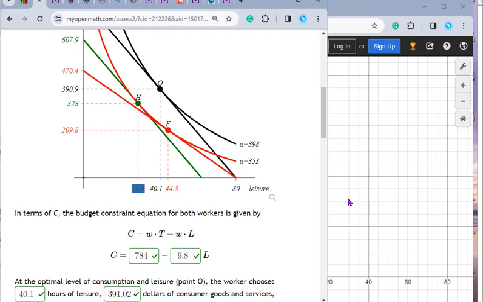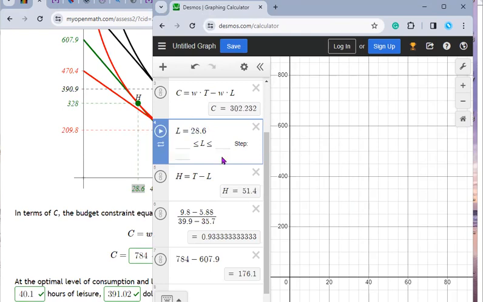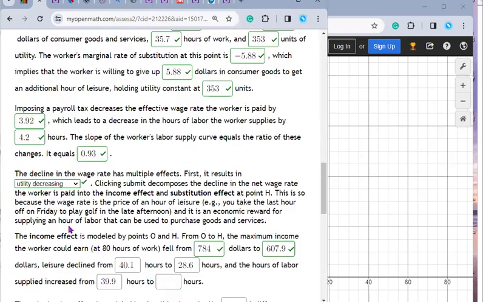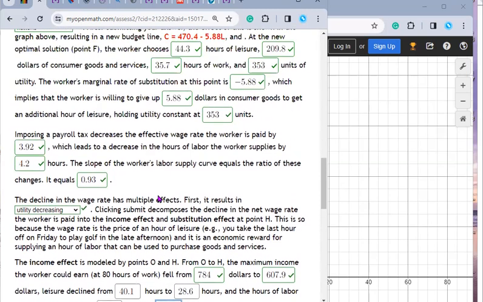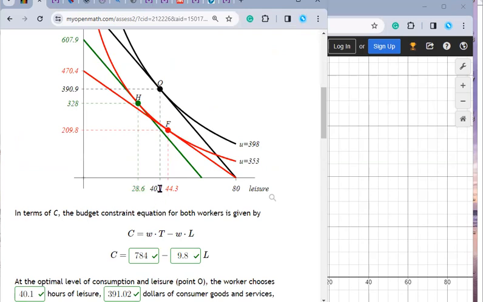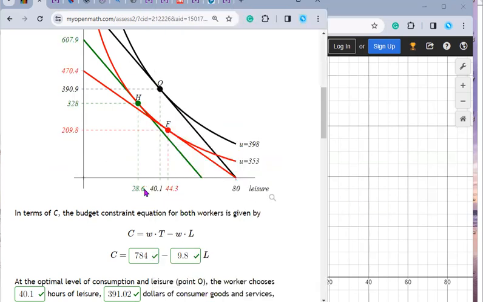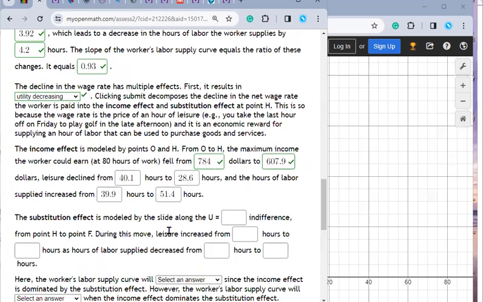Again, we don't observe this. This all happens in the head of the worker. So hours worked increases to 51.4. And that's the income effect, right? From points O to H. So hours worked were about 40, 39.9. They increased to 51.4, right? So you had this huge increase in hours worked. That's all the income effect.